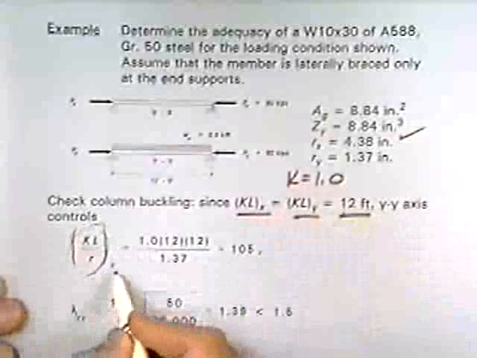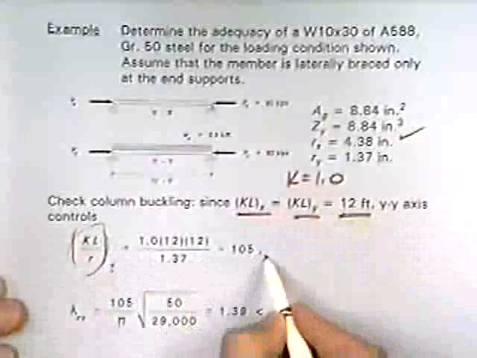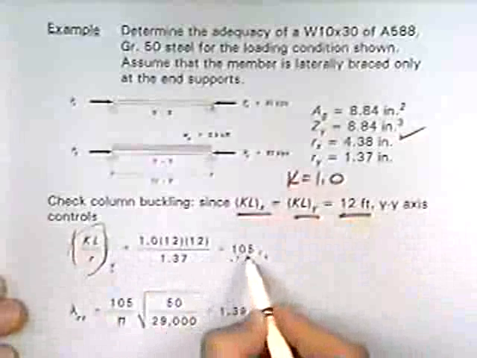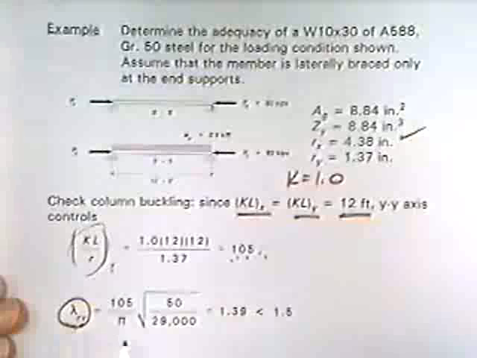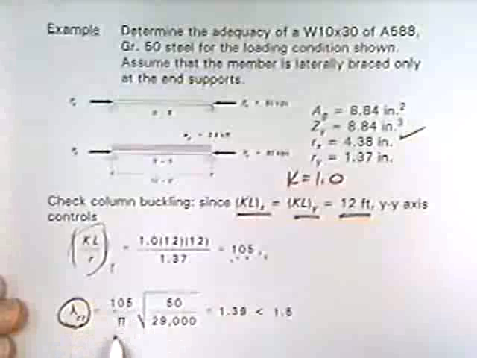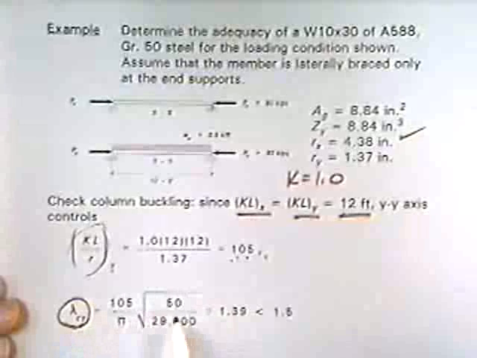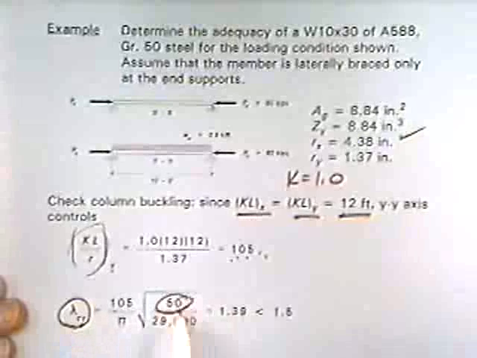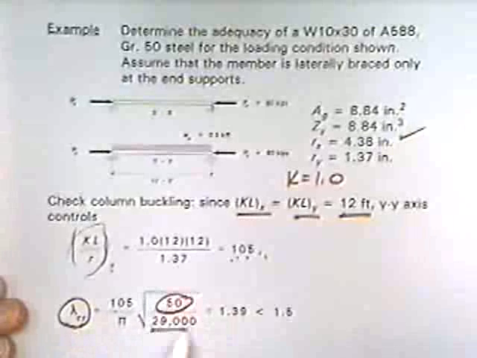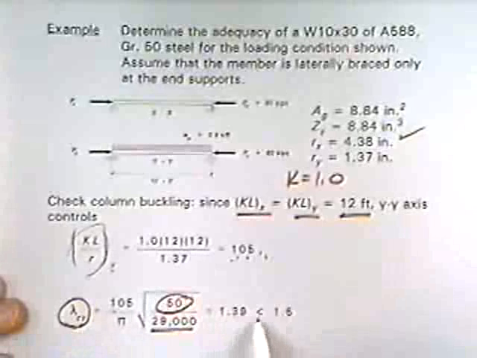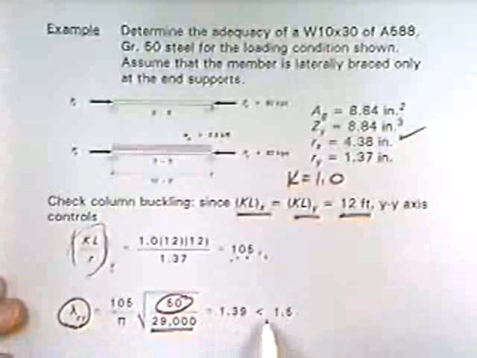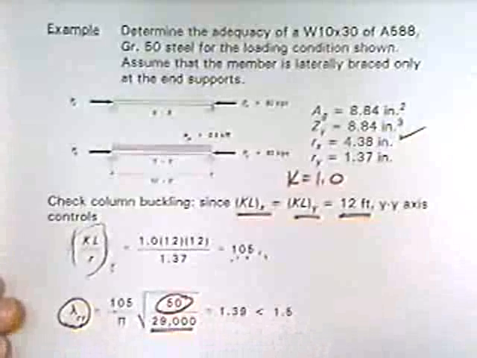I calculate KL over r_y, because I'll need that later. It comes out to be 105. Calculate lambda sub c_y, which is 105 divided by pi times the square root of F_y over E. We're using a grade 50 steel. Modulus is always 29,000. It comes out to be 1.39, or 1.4, which is less than 1.5.